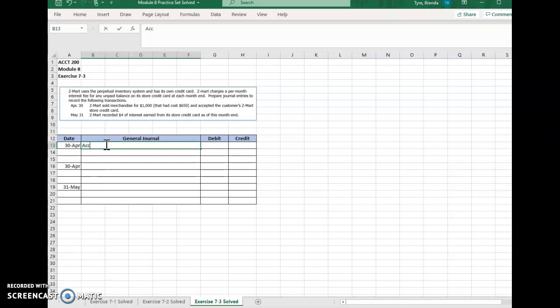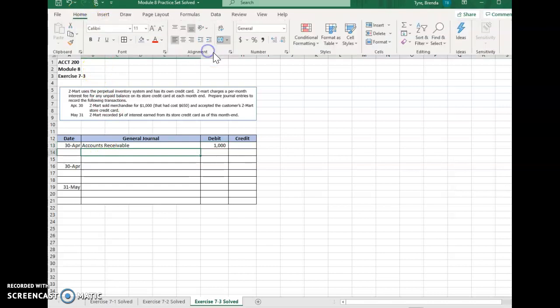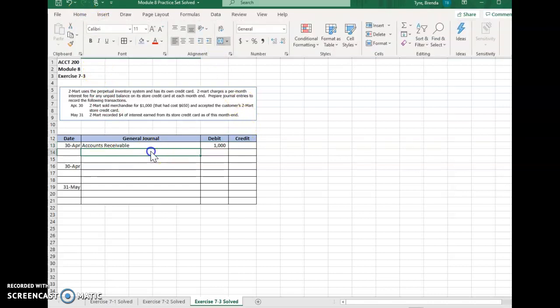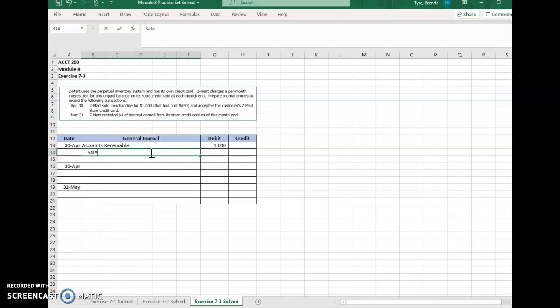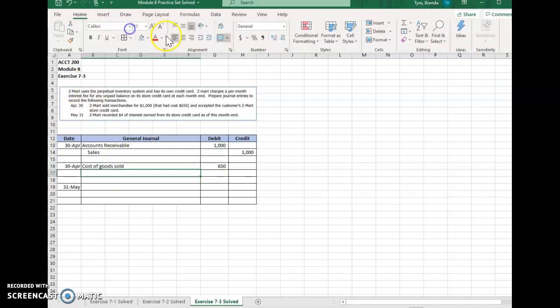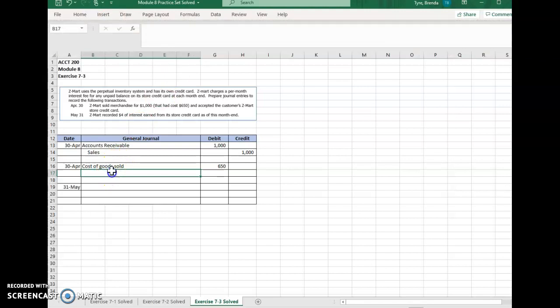So we're going to say accounts receivable from the customer here for 1,000, and we'll record sales for the same amount, 1,000. Again, we have to remember to record the cost of goods sold, and that amount is 650.